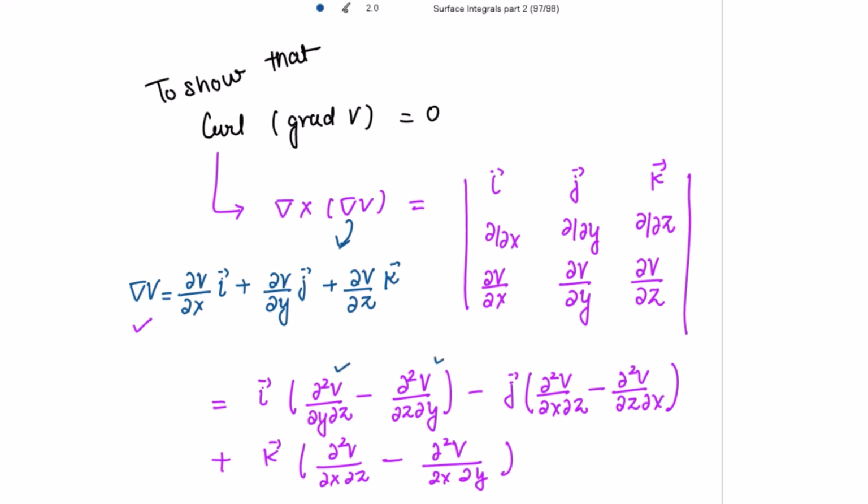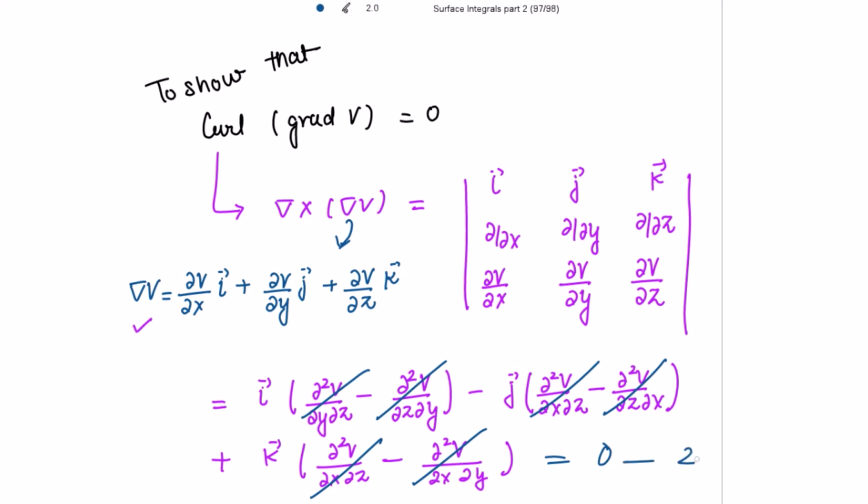Now each pair of terms is equal, so they cancel each other out. So we get this to be equal to 0. So we have shown that curl of grad V is equal to 0.